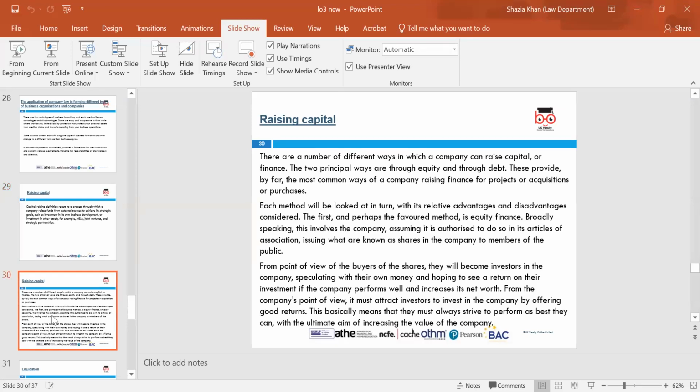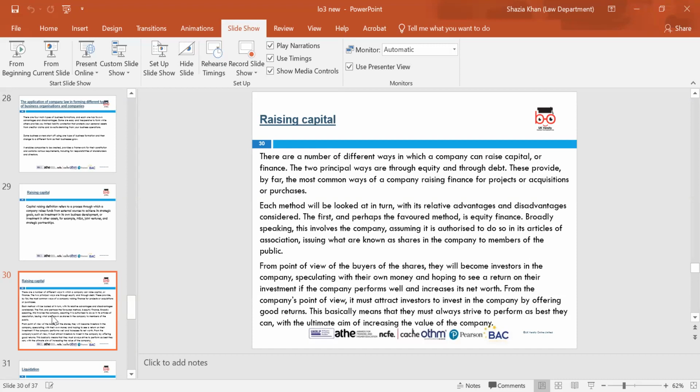There are a number of different ways in which a company can raise capital or finance. The two principal ways are through equity and through debt. These provide by far the most common ways of a company raising finance for projects, acquisitions or purchases. Each method will be looked at in turn with its relative advantages and disadvantages.